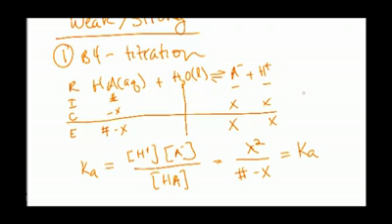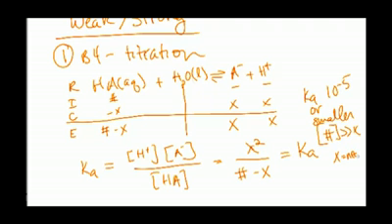So also there's that condition that states that if your Ka is 10 to the negative 5 or smaller, your initial concentration, whatever that molarity is going to be, is much greater than the change. So X is therefore negligible.